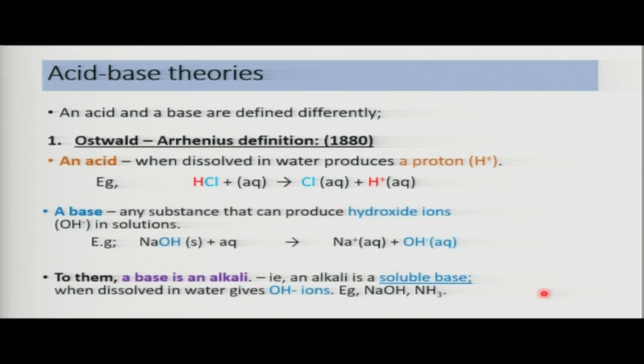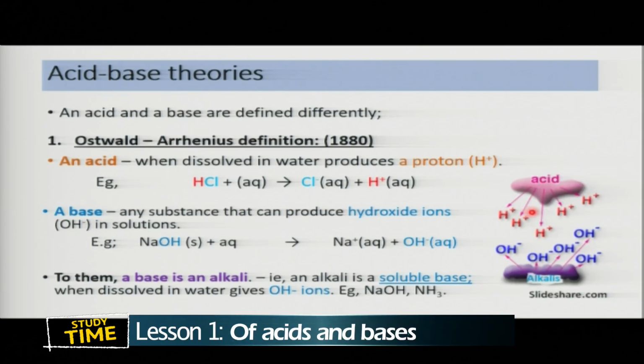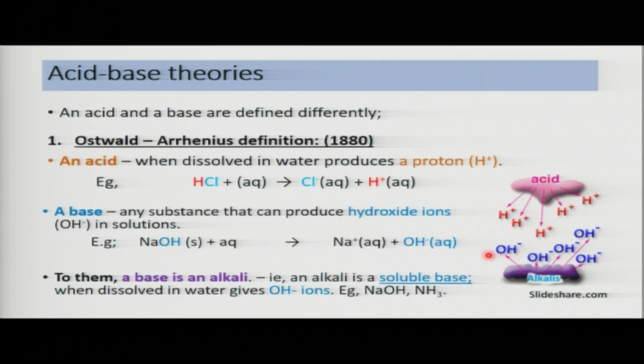Then to them, a base is a base if it can release OH ions in water. Sodium hydroxide is a base because it releases OH ions. So they summarized and said, an acid should release hydrogen ions and a base release OH ions.